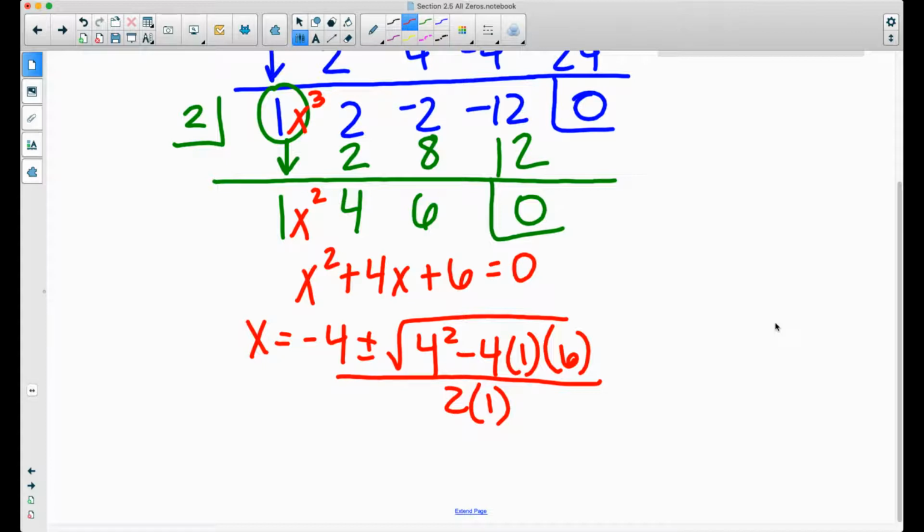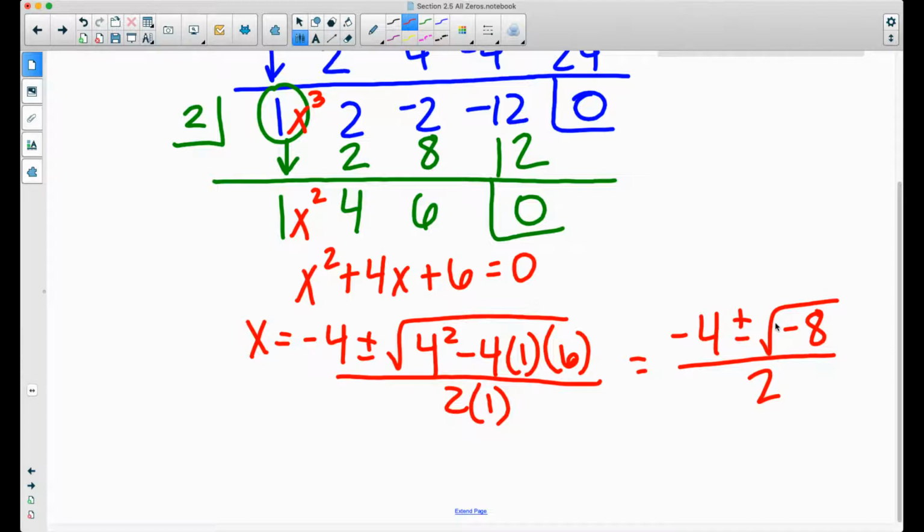So if you are not familiar with this, or maybe a little rusty from doing it before, I'd plug in what's inside the radical first. So negative 4 plus or minus the square root of negative 8 over 2.